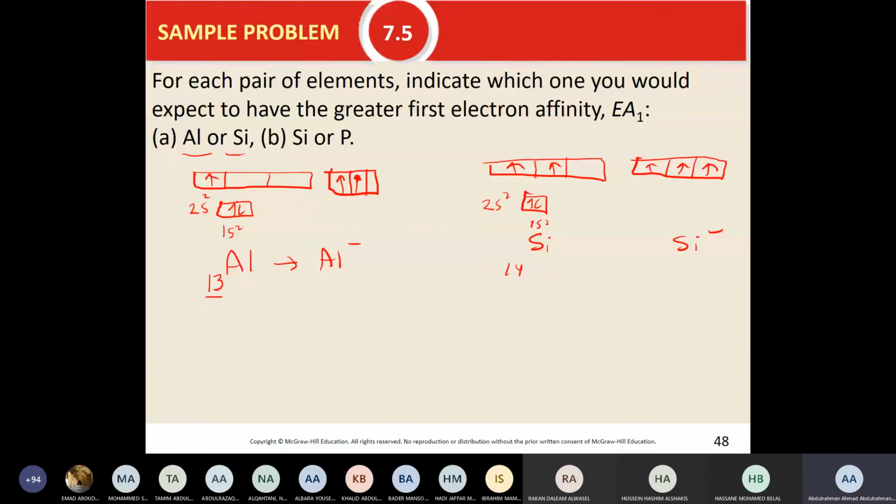This is silicon minus and this is aluminum minus. Which do you think is easier? Silicon will be better, because we are adding the electron in the same orbital, which is 2p, all right? And not only that, the protons are more here than here.